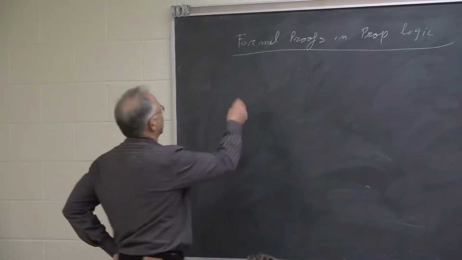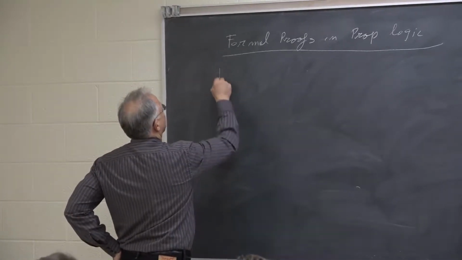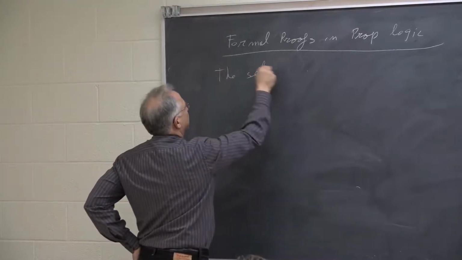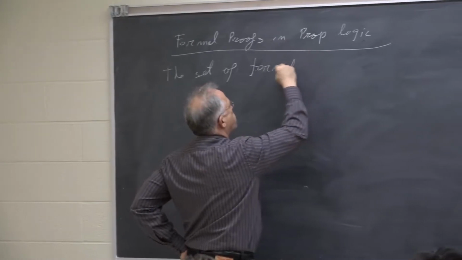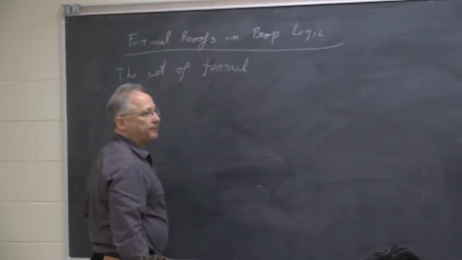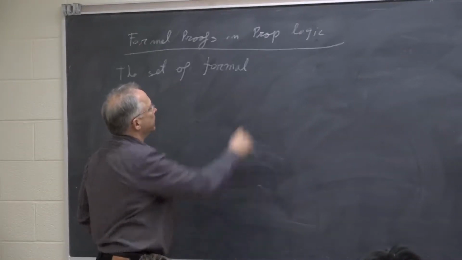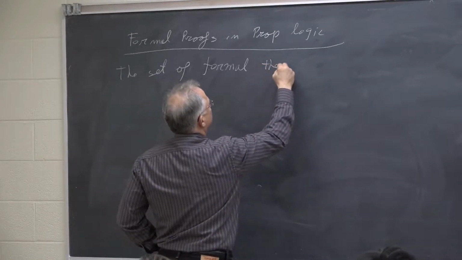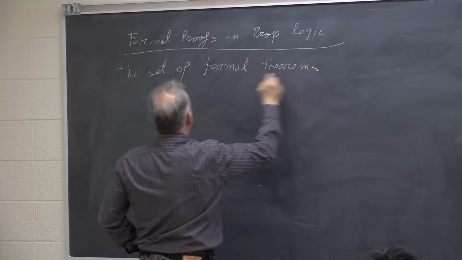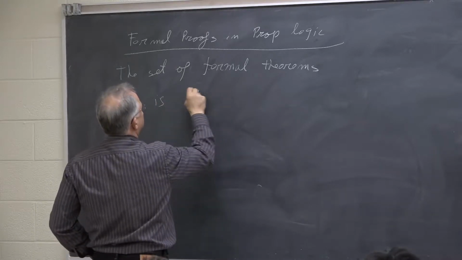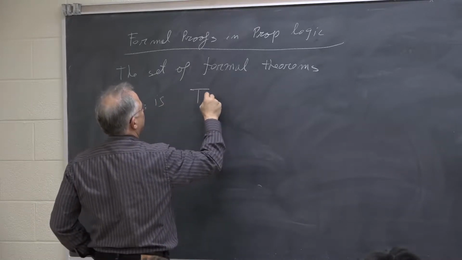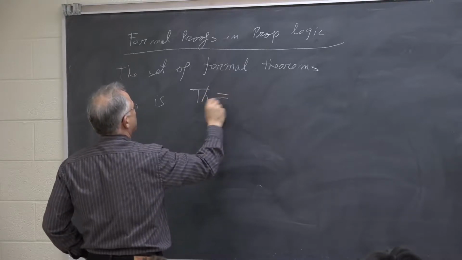So we started with saying that the set of formal theorems is, let's call it, I don't know, T or TH, to not confuse it with true.